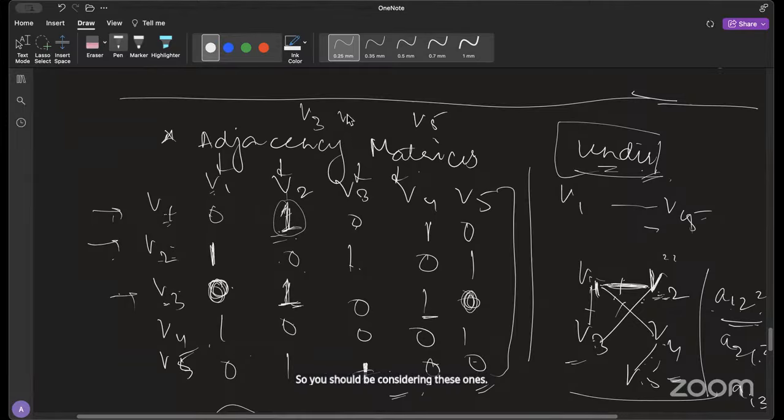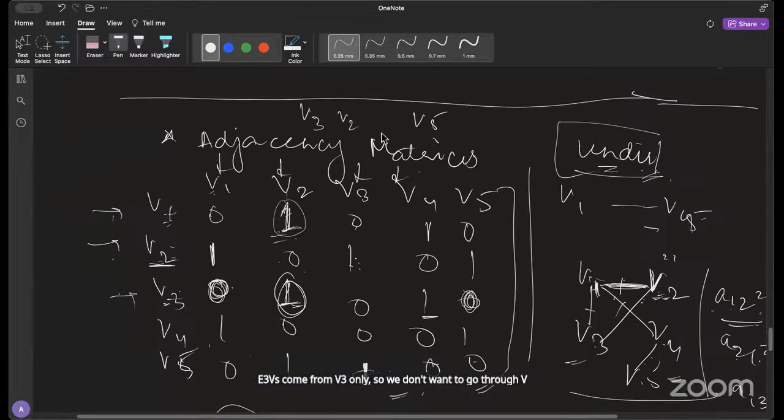So you can consider V2 here. From V3 to V2, and then from V2 you can go to V1 too, and you can go to V3. But we've come from V3 only, so we don't want to go back to V3.